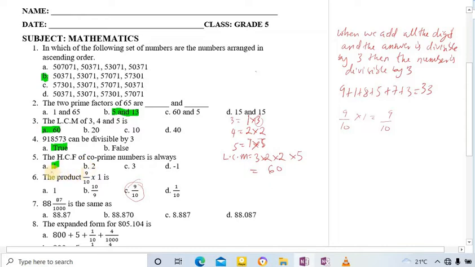Okay, now number 7, 87 over 1000 is the same as, let's see, the highest place value here. The highest place value here is 8. The denominator for the proper fraction is 1000. That means that the decimal should end at the thousandths place.